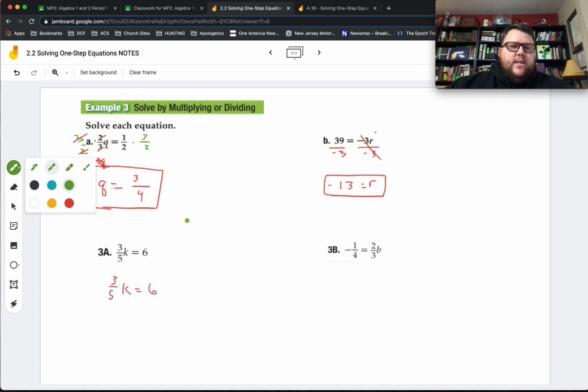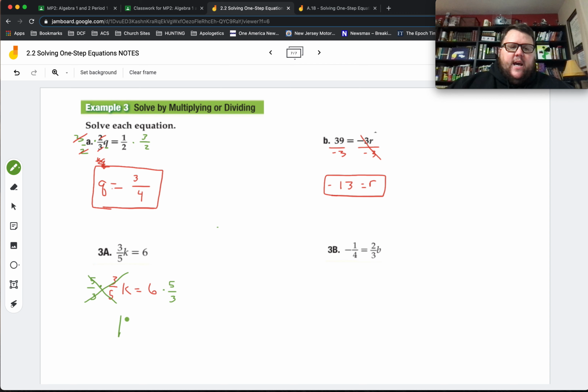The 3/5 is being multiplied by k, so I'm going to multiply by the reciprocal, 5 over 3, on both sides. The 5's cancel out because one's on top, one's on bottom, and the 3's cancel out, one on top, one on bottom.